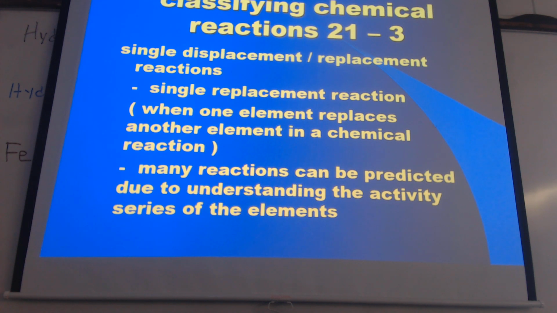If you have an element that is all by itself and you have a compound it's reacting with, that is a single replacement. Many reactions can be predicted by what we call the activity series. When you look at the table, as you go down in column 1, those elements become more active. That's why we refer to that as the activity series.